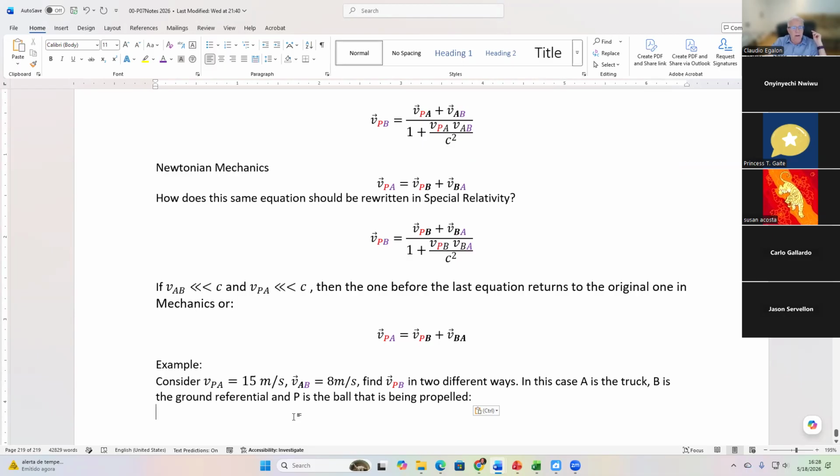And suppose that we have a second referential in which we are measuring the velocity of the referential A with respect to B as being 8 meters per second. Find what's going to be VPB, the velocity of point P with respect to B. Point P can be like a seagull, can be an airplane. Referential A can be the ground. Referential B can be another airplane that's flying, or maybe even a bicycle. At this speed, yeah, it should be a bicycle.